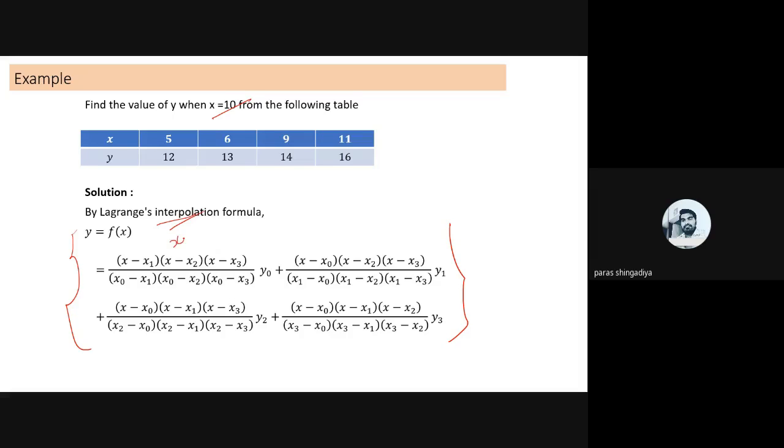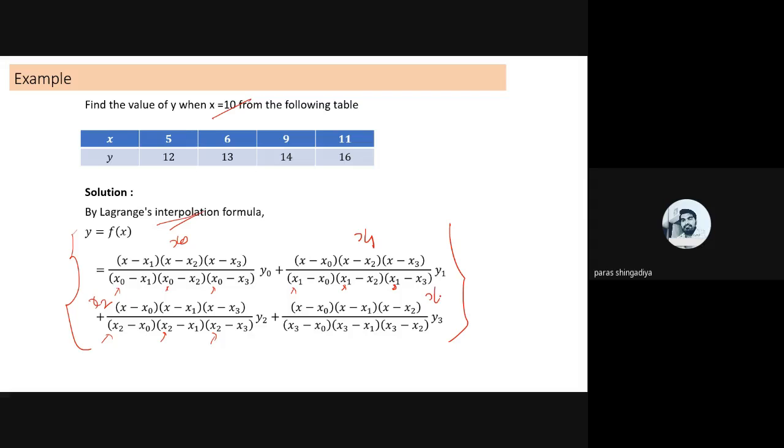First, we'll skip x0 in the numerator and use x0 in place of x in the denominator. The second step is for x1: skip x1 in the numerator and use x1 in place of x in the denominator. The third term is for the third value, x2: skip x2 in the third term and use x2 in the denominator brackets.